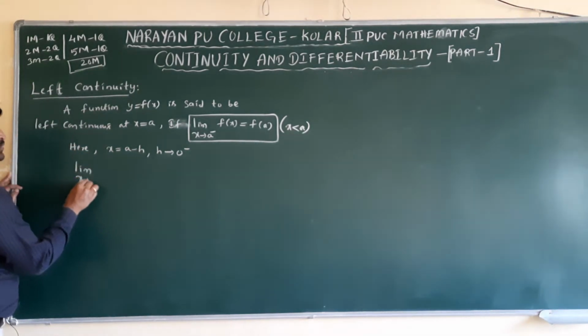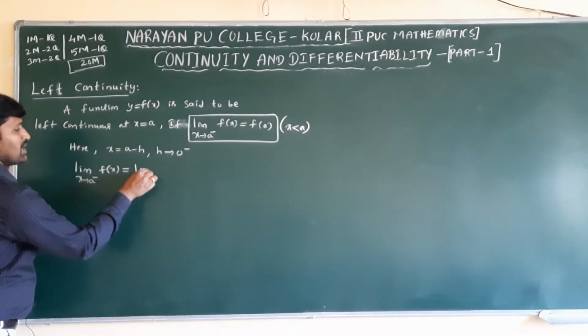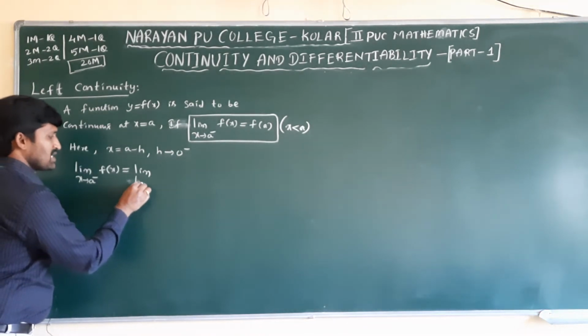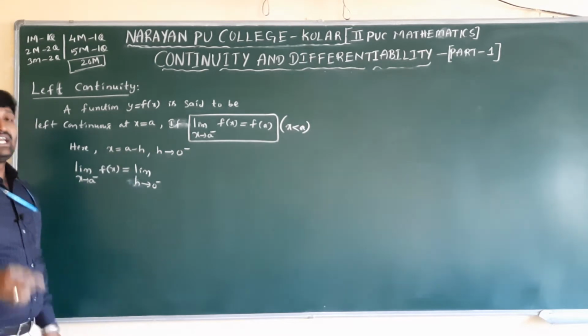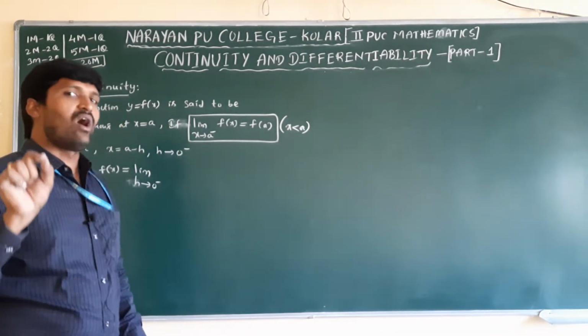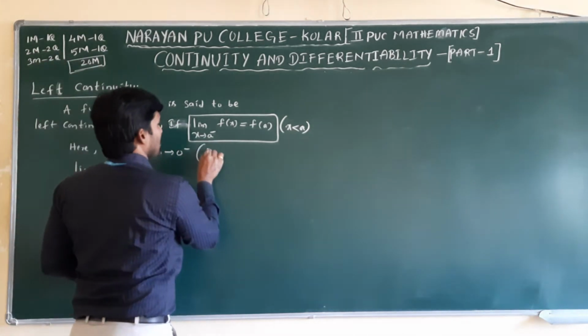Limit x tends to a minus f of x is equal to, I will replace x value with a minus h. That means h is also changing in terms of 0, because the x variable is converted in the form of h. h is the smallest positive real number which is always tending to 0.